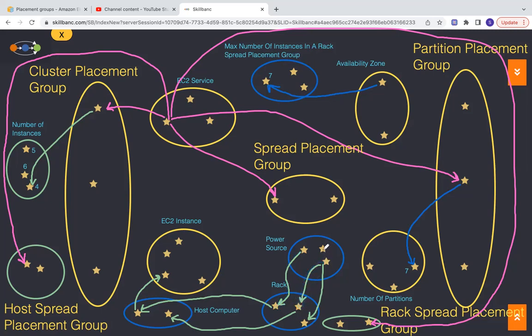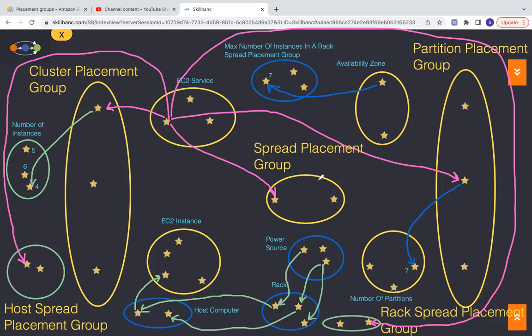And then this one will be another partition, like that. So different partitions you can make and then put those instances. So you get the idea. You want them to be together, you do this cluster placement.